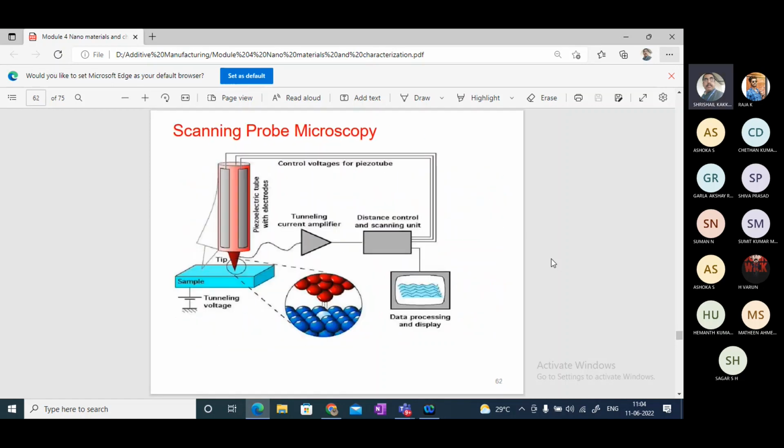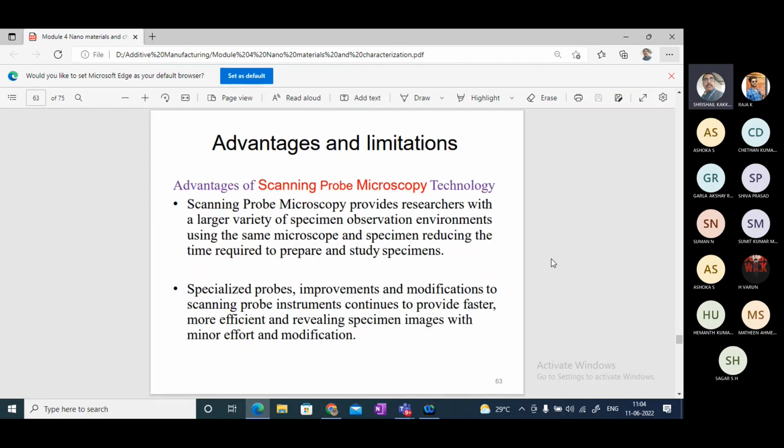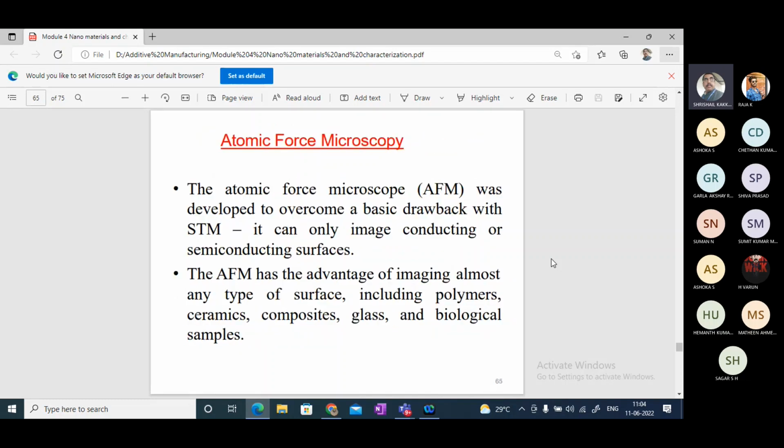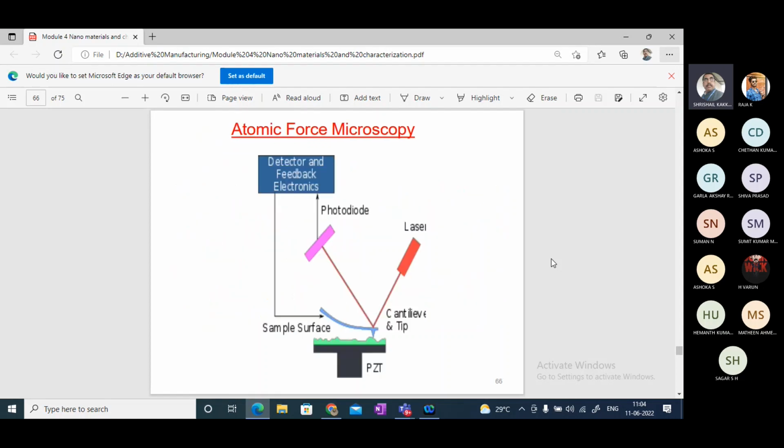But in this case, including glass, composites, biological samples, ceramics, and polymers, all these can be viewed through this, and we can get the image of whatever we require. That is one of the very important advantages of using atomic force microscopy.